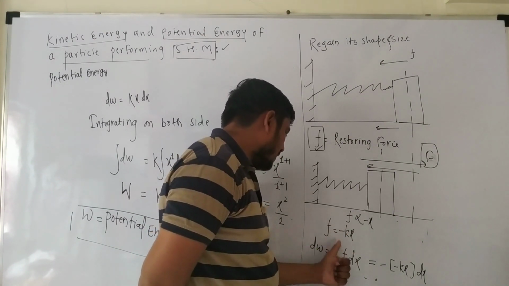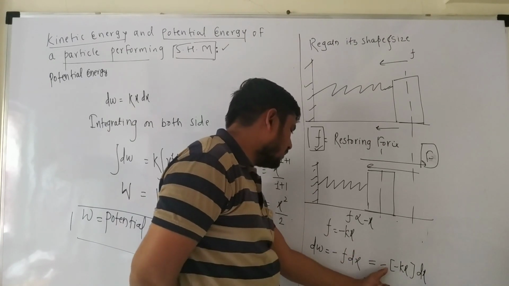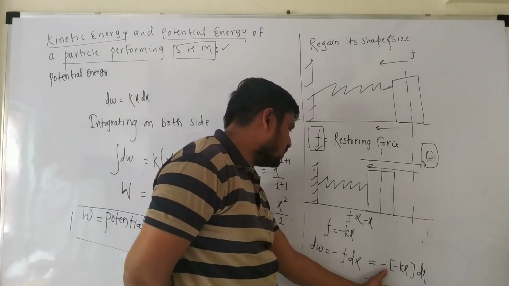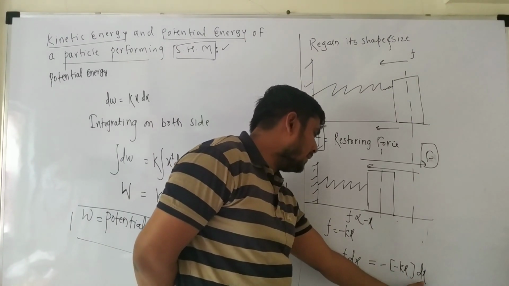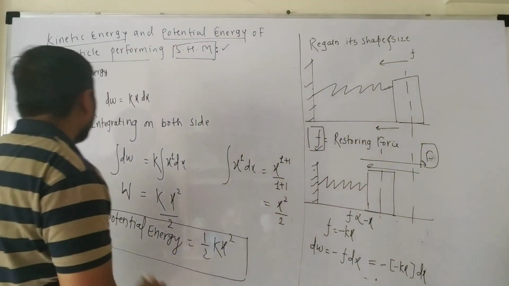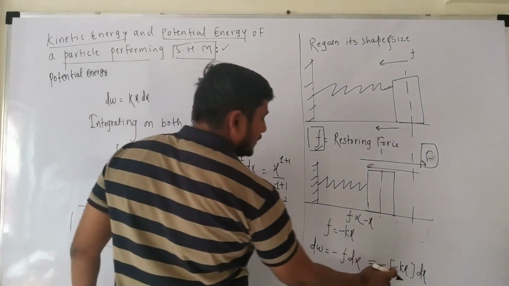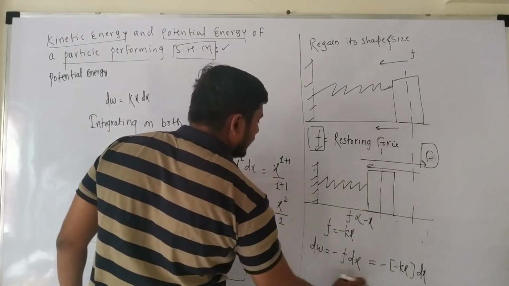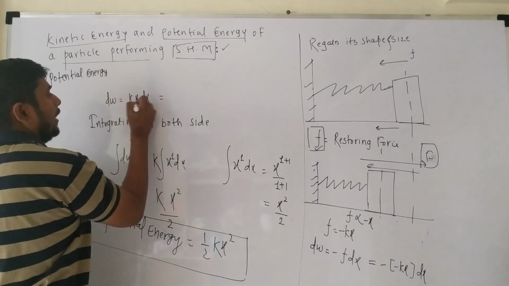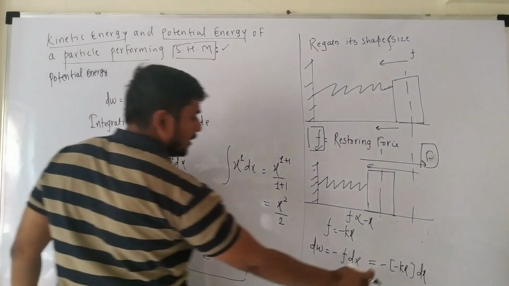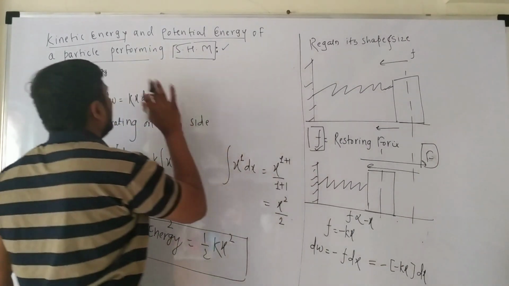So I'm going to place the value of F over here. Work done will be minus of, in bracket, the value of F which is minus kx, into dx as it is. So the minus sign will get cancelled. I'm not going to mention that minus sign over here. So kx dx is nothing but a work done.